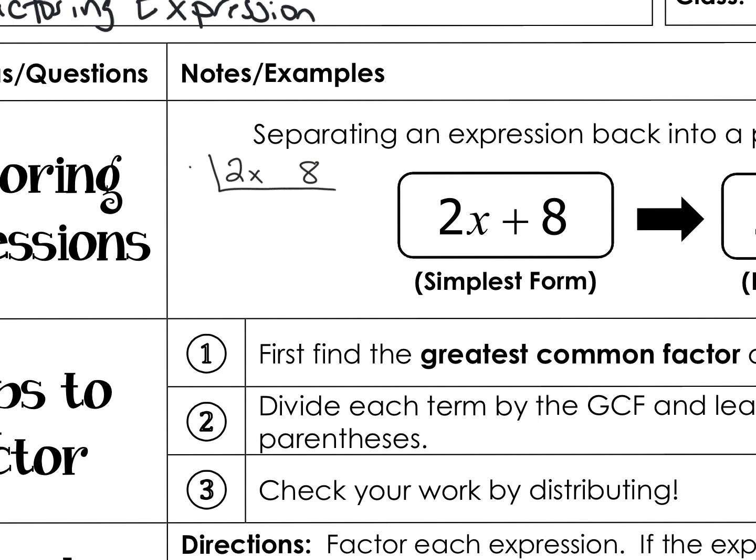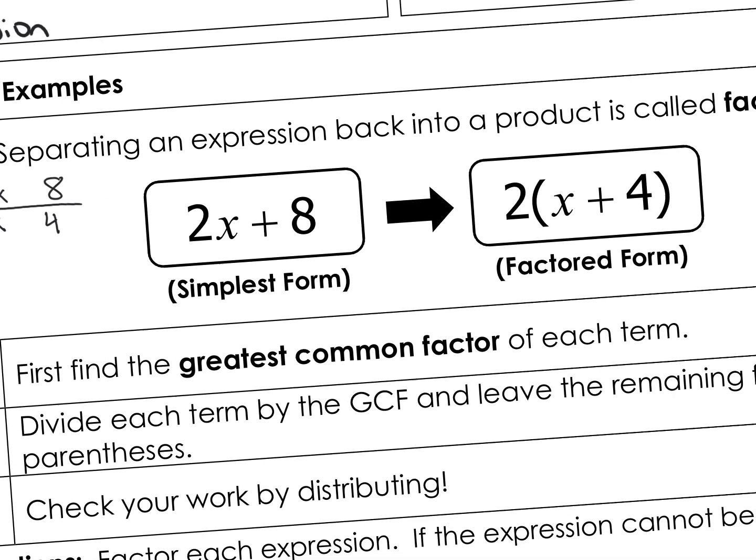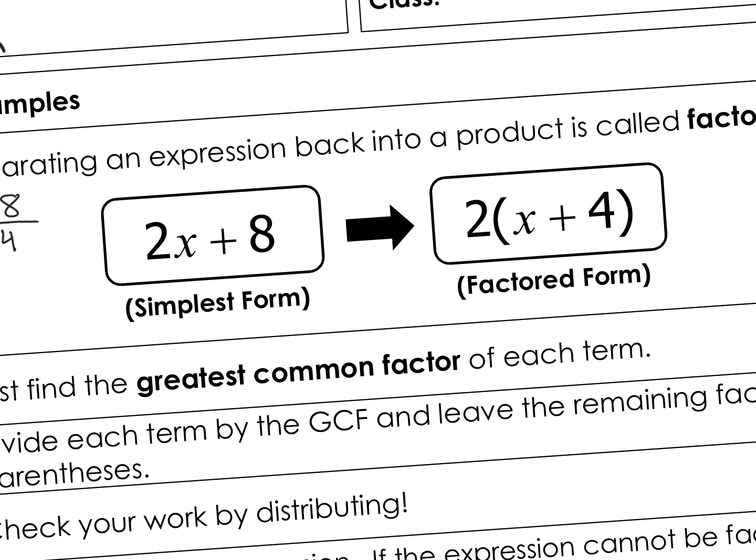So then I would factor out that 2. So 2x divided by 2 would give us x, and then 8 divided by 2 would give us 4. And then what we see here is what ends up being over here in our factored form.